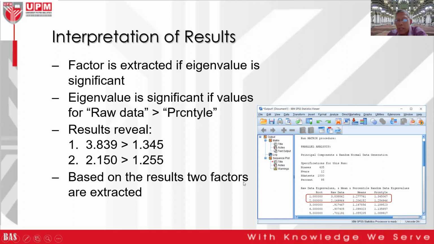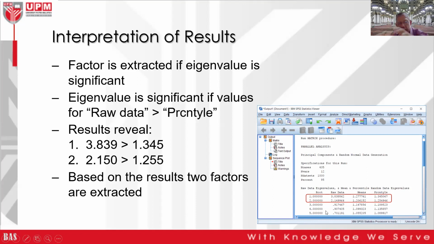So the second factor will be extracted. But when you go to the third line, the raw is 0.917 and the percentile is 1.1889. Your raw is smaller than the percentile, therefore that is not considered a factor to be extracted. Therefore, we stop at only 2 factors to be extracted.